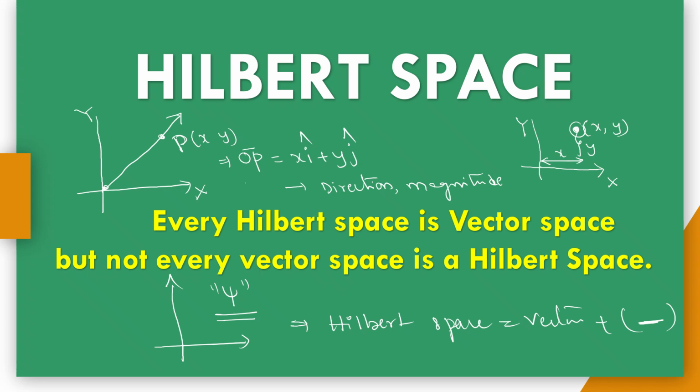So every Hilbert space is a vector space, but every vector space is not a Hilbert space, because something is added here. That part we need to discuss. I hope it's clear. Hilbert space is the space where we represent our quantum systems. That is, the quantum qubits are located in a particular space, which is called Hilbert space.